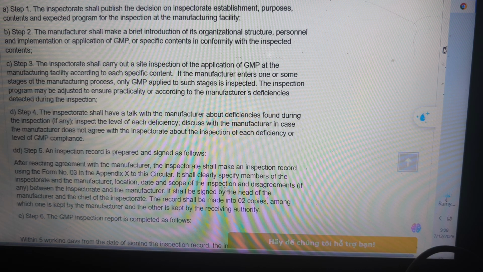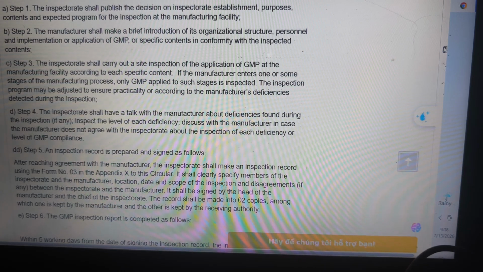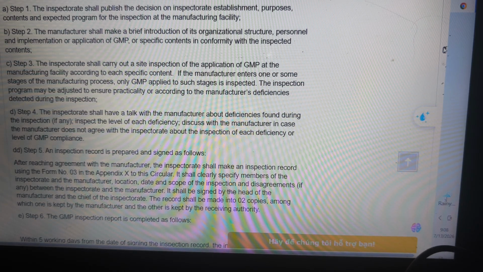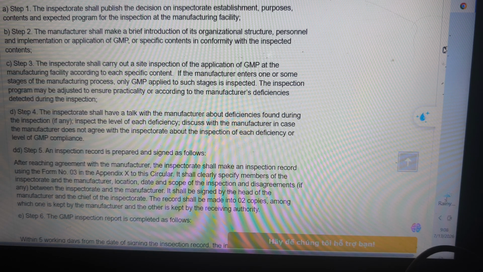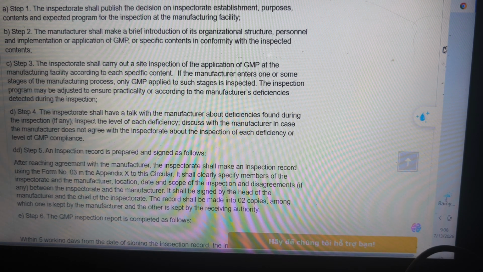Step 3. The inspectorate shall carry out a site inspection of the application of GMP at the manufacturing facility according to its specific content. If the manufacturer enters one or some stages of the manufacturing process, only GMP applying to such stages is expected.